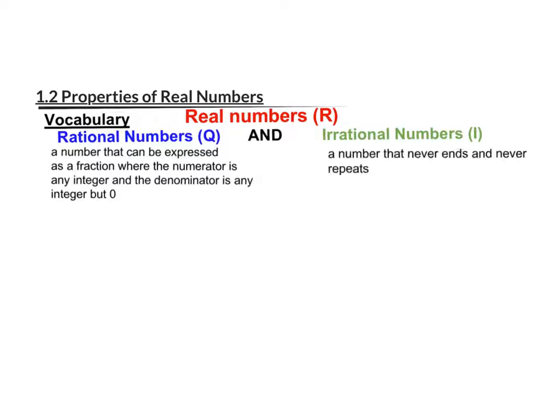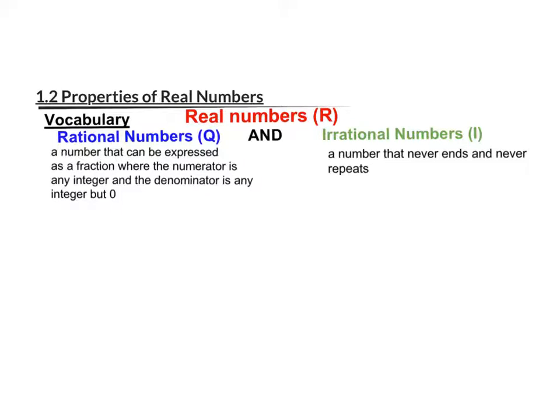Next, an irrational number is a number that never ends and never repeats. Does anybody know a number that never ends and never repeats? Yes, Eric? Pi. The number pi never ends, it never repeats as a decimal, right? It keeps going and going and going.